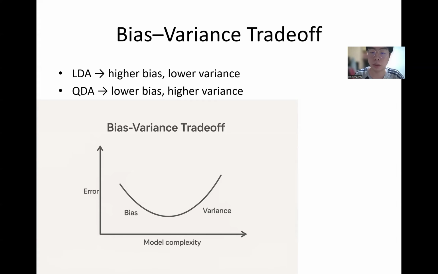That means QDA can overfit sometimes. So if you have limited data or your data is roughly linear, LDA is often safer. If you have lots of data and complex shapes, QDA can model them better.